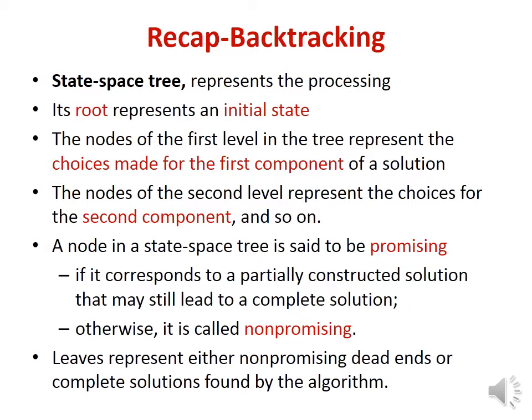Suppose we conclude that we cannot get further solutions from that particular partially constructed solution, the corresponding node is said to be non-promising. The leaves of the state space tree represent either non-promising dead nodes or complete solutions.